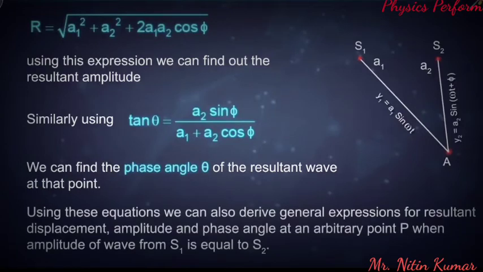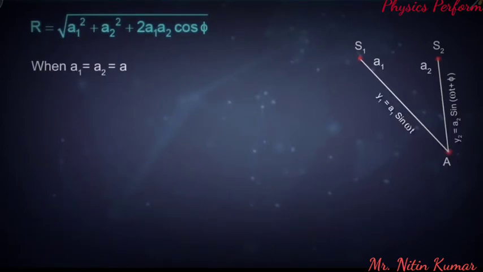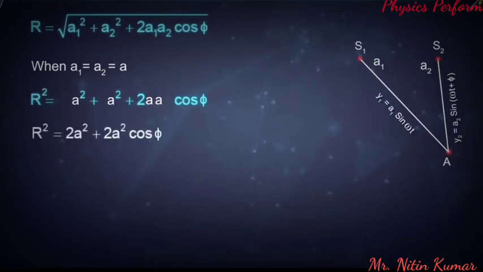Now, using these equations, we can also derive general expressions for resultant displacement, amplitude, and phase angle at an arbitrary point P when amplitude of waves from S1 is equal to S2. That is, when A1 = A2 = A, the resultant amplitude equation can be written as R² = 2A² + 2A² cos φ. R² = 2A²(1 + cos φ).